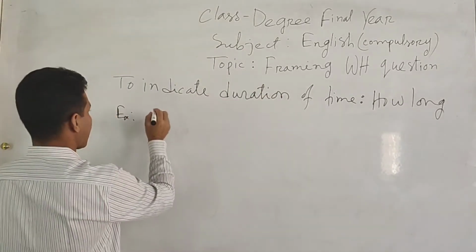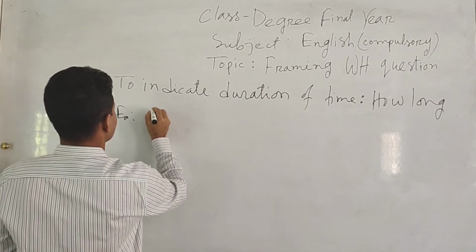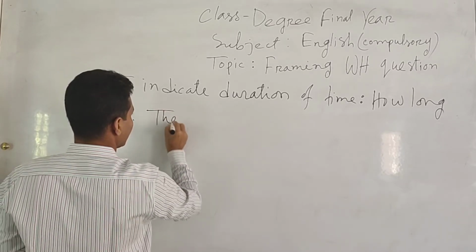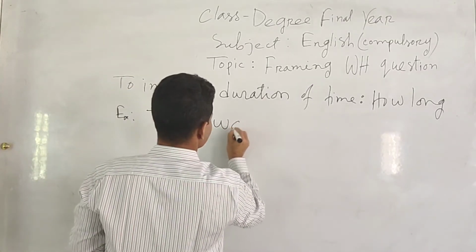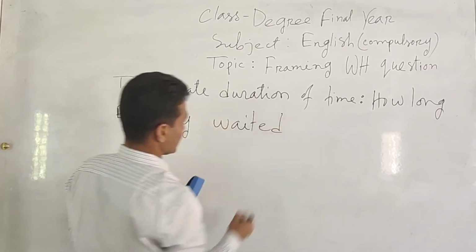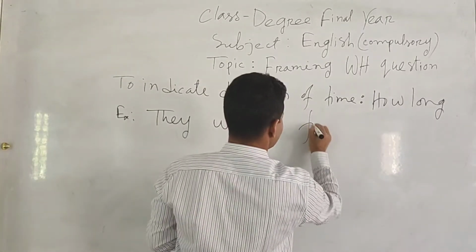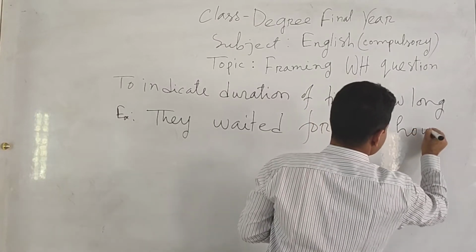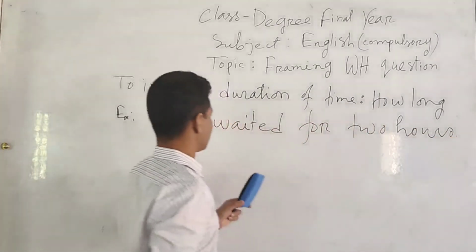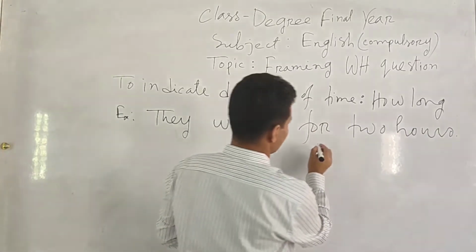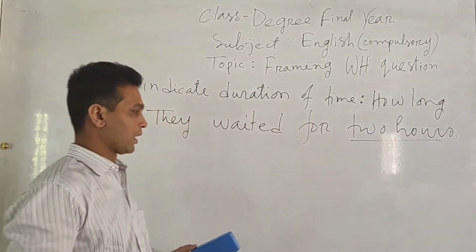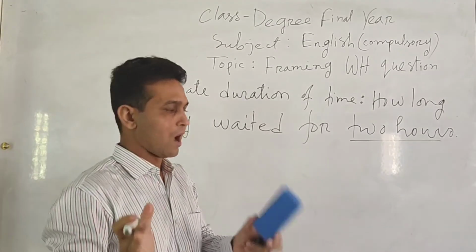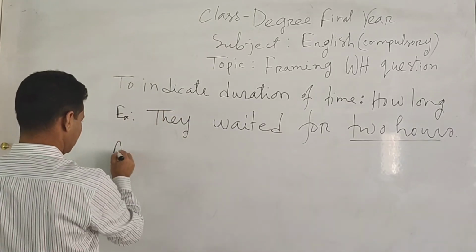Okay, example: they waited for 2 hours. So here 2 hours is a duration of time. In this case you have to frame the question with how long. Okay, answer.